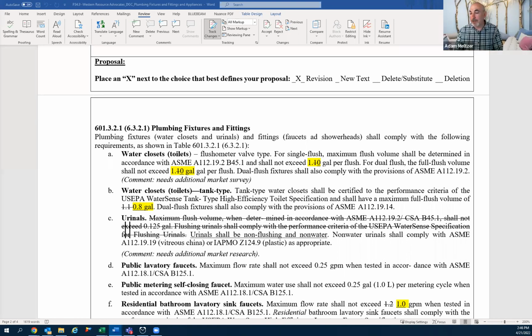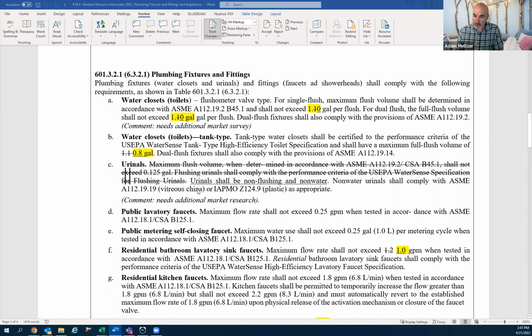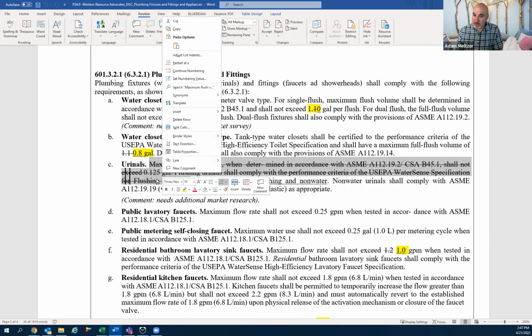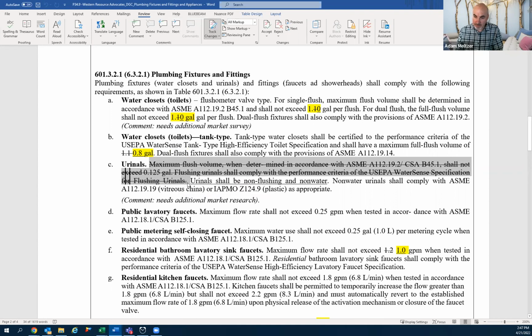All right, I make a motion to amend the proposal as is to put back in the 0.125 maximum on the urinals. So unstrike everything that was struck. And then to change D, public lavatory faucets, to 0.35.